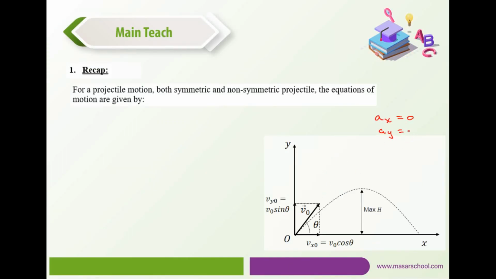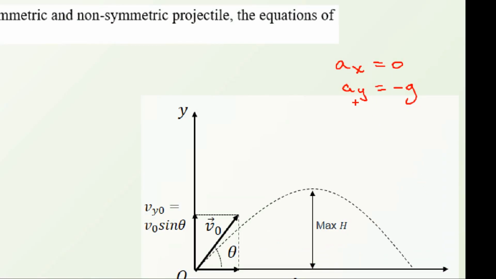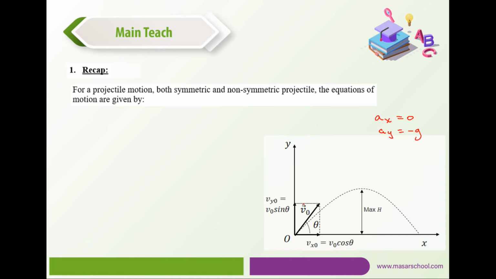Remember that in the equations of motion, the components of the acceleration appear explicitly. For this reason it is important to differentiate the component of the acceleration related to the positive direction, whether it's up or down. Because the acceleration is 0 along the x-axis, the speed remains constant, given by v0 cosine theta.